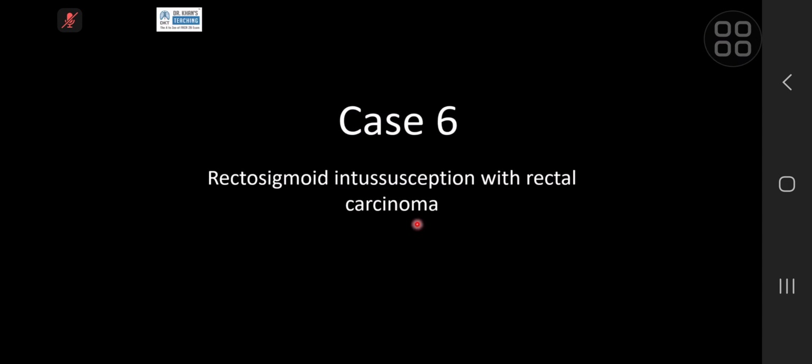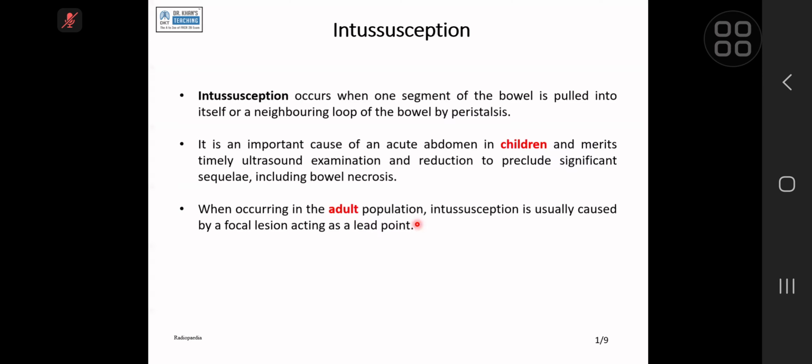This is rectosigmoid, or should we say colorectal, whatever, intussusception, and the lead point was a carcinoma, actually, a large carcinoma. Please remember that whenever we see intussusception in children, it's a different ball game, and children's intussusception is a very important exam case.